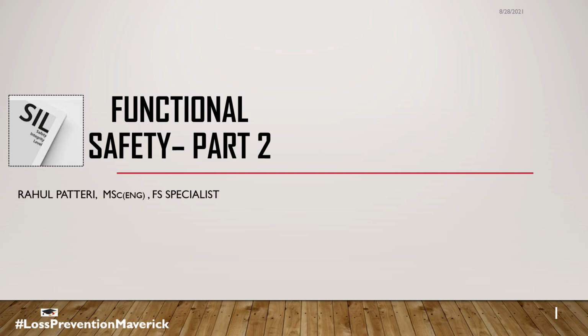A little bit about me. My name is Rahul Patteri. I've got a master's in process safety and loss prevention from the University of Sheffield. I'm a functional safety specialist and have got a bachelor's in fire and safety engineering. Have been a little more than 15 years into the whole concept of controlling major accident hazards.